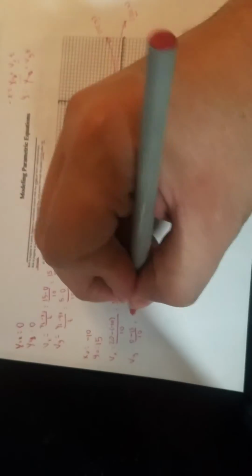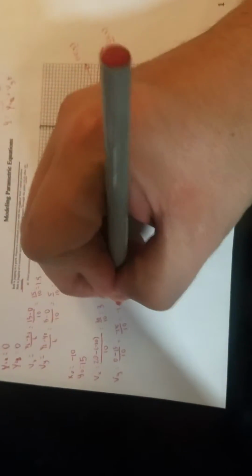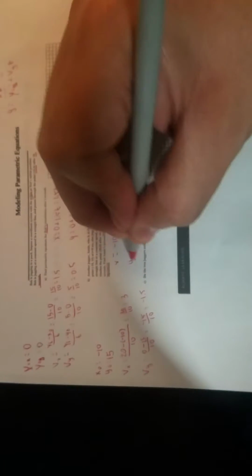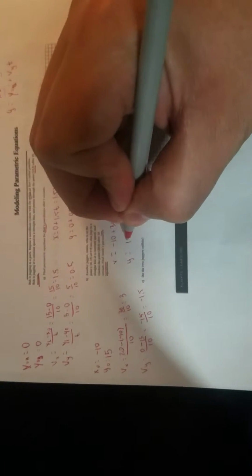This is negative 15 over 10, which is negative 1.5. So her equations are going to be x equals negative 10 plus 3t. y is equal to positive 15 minus 1.5t.